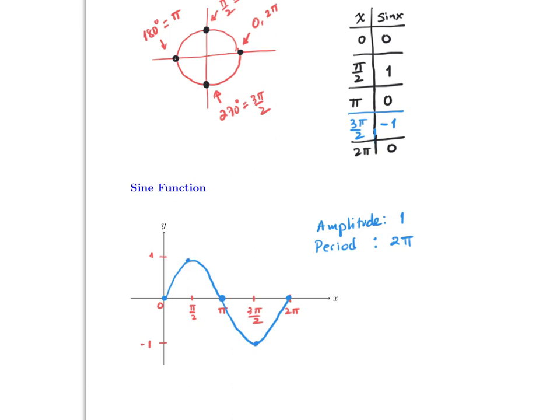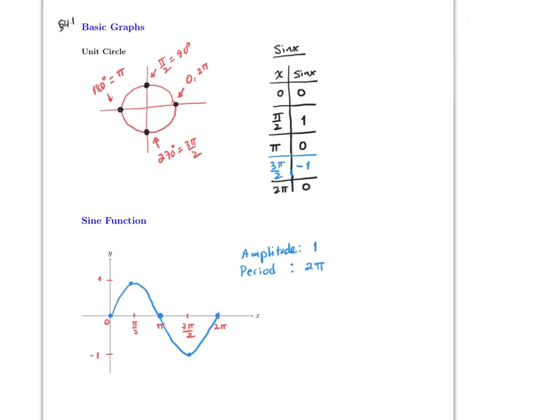Now, notice that if we would have, let's say, a different graph right here, and we have, let's say, y equals 4 sine x, you will always go back to the original graph, which is this one.